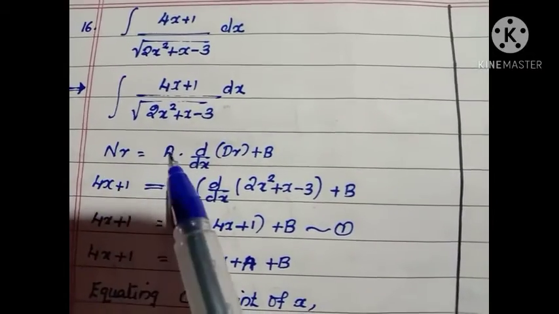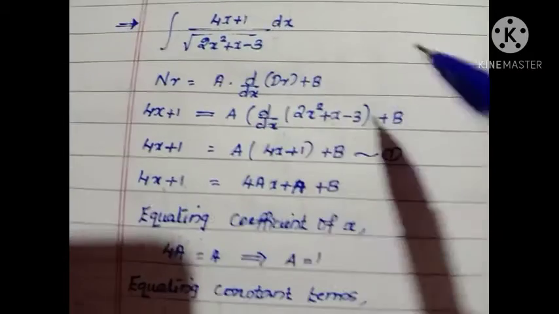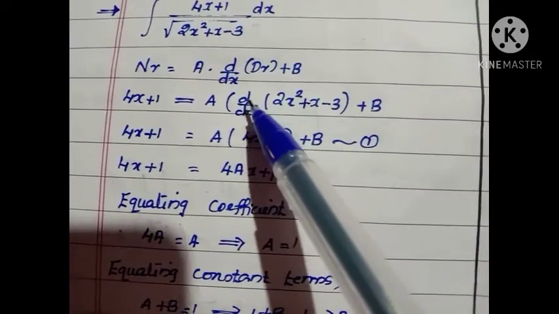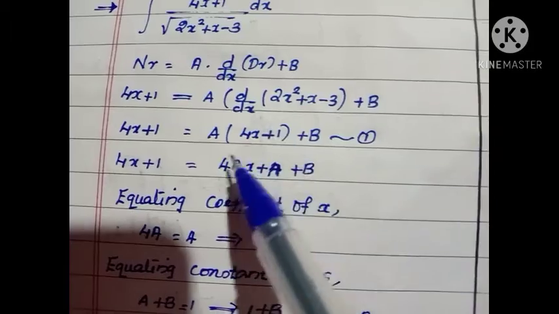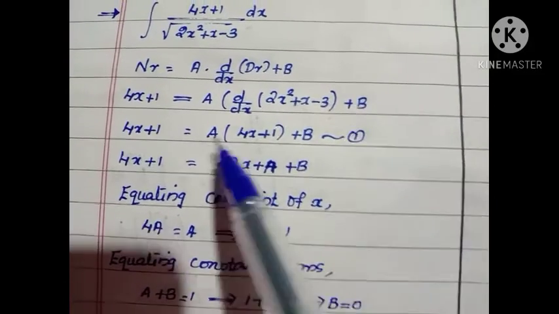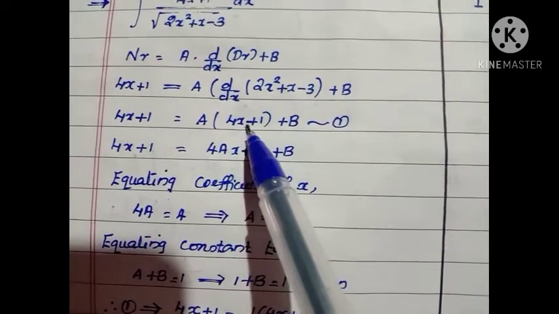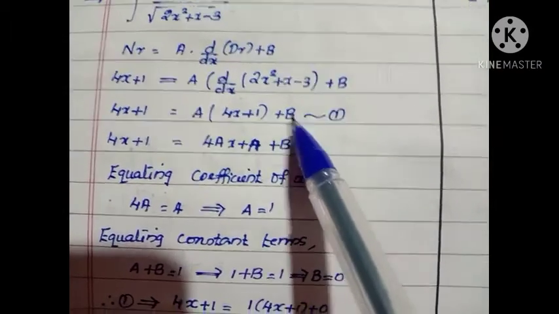Now numerator is equal to a into d by dx of denominator plus b. As usual, find the derivative of the denominator and introduce partial constants a and b. So this is 4x plus 1 equal to a into 4x plus 1 plus b.